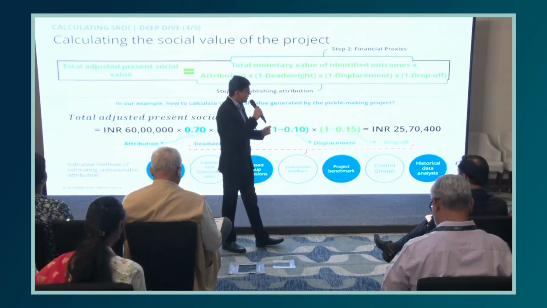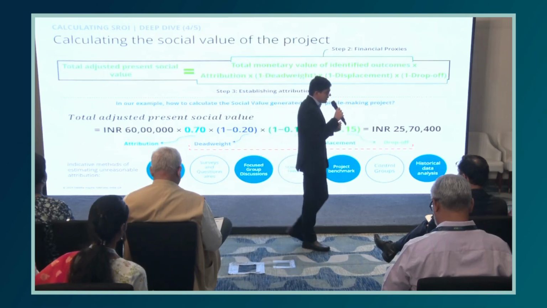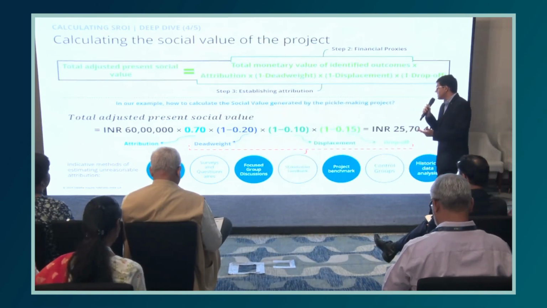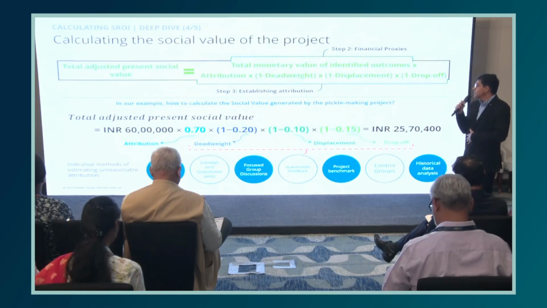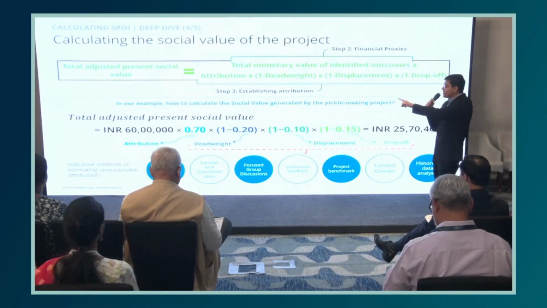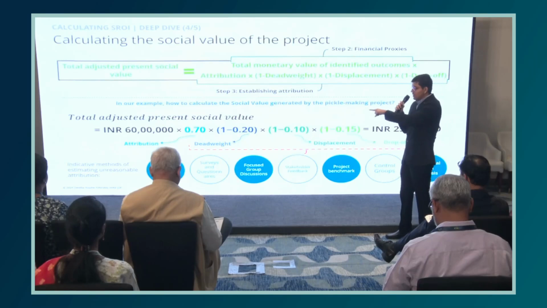That is very important because we do not want to overclaim on anything. SROI, the principle is very strict on that. So the value we get after adjusting for attribution and unreasonable attribution is total adjusted present social value.